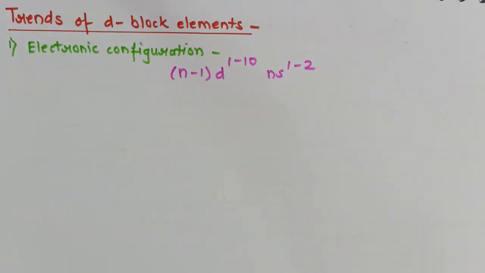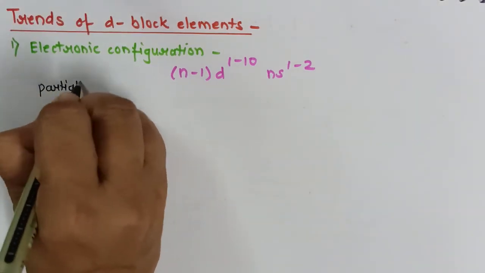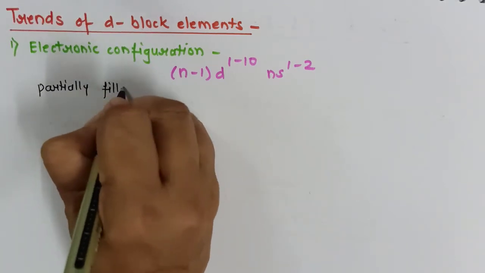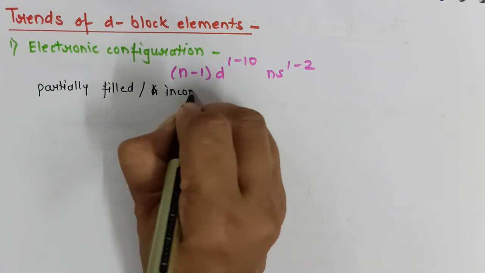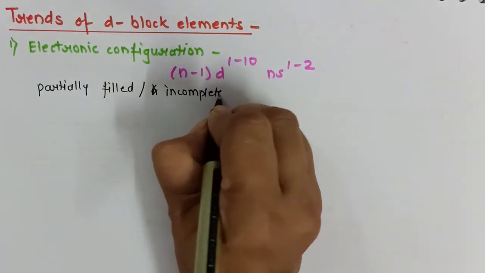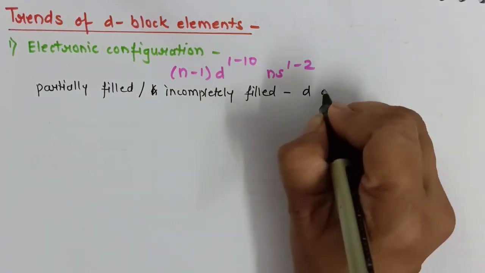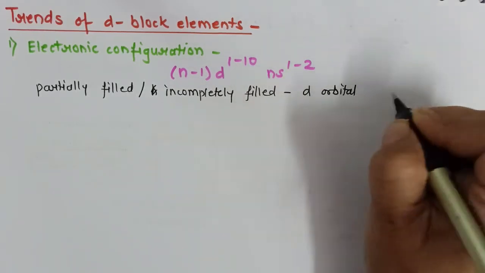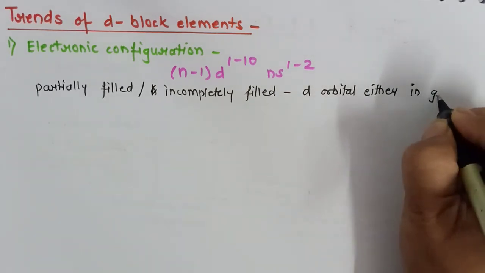Very interesting one. Again I am repeating the concept that D block element must have partially filled or half filled or incomplete filled d orbital either in ground state or excited state.